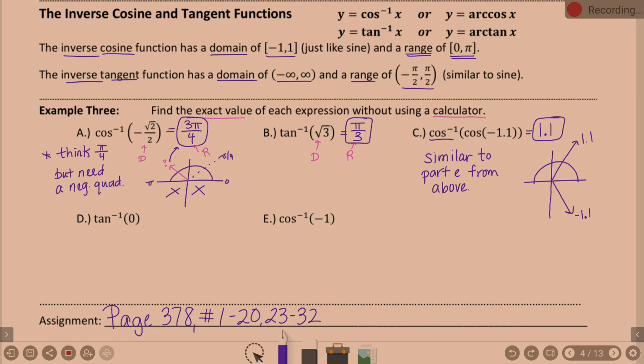We had to get it in the cosine inverse interval. And the cosine inverse interval is 0 to pi. So it's all about making that range value work.